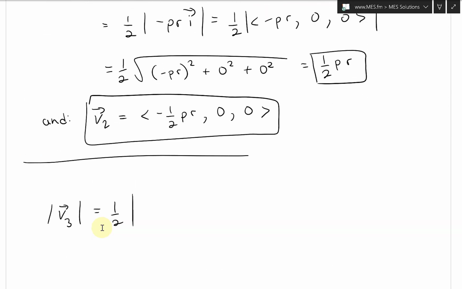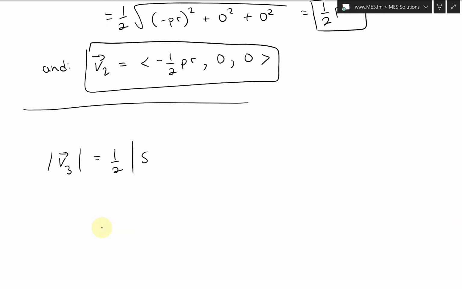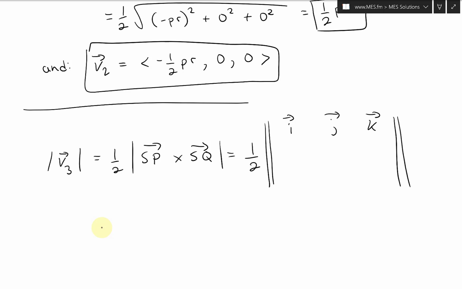Let's write this down: SP cross SQ. Now this equals 1/2, the length of the determinant with I, J, K.